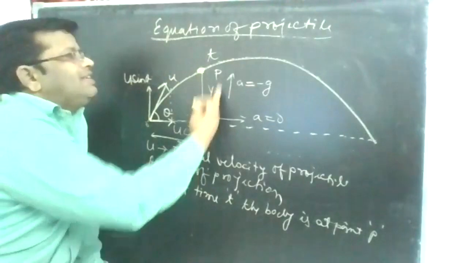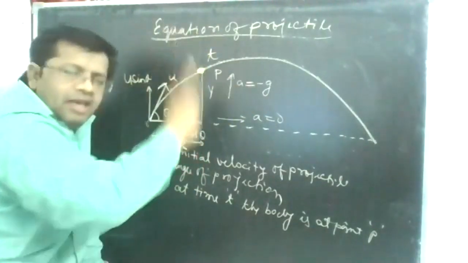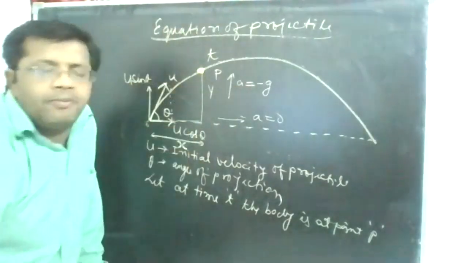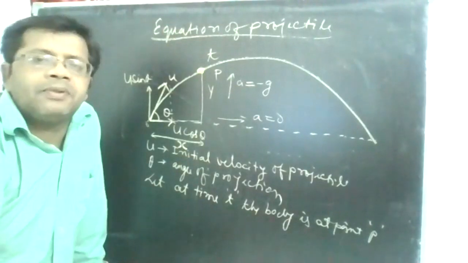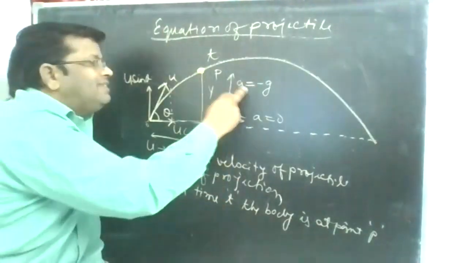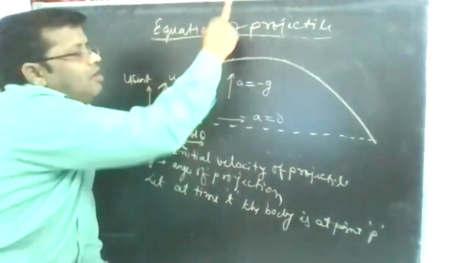So that's why in the vertically upward direction, acceleration is minus g. Minus g means acting vertically downward, because the earth always pulls any body in the downward direction. So minus g, here the upward sign is positive, and a represents minus for vertical upward motion.